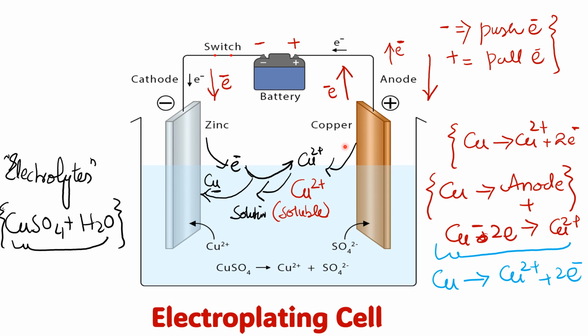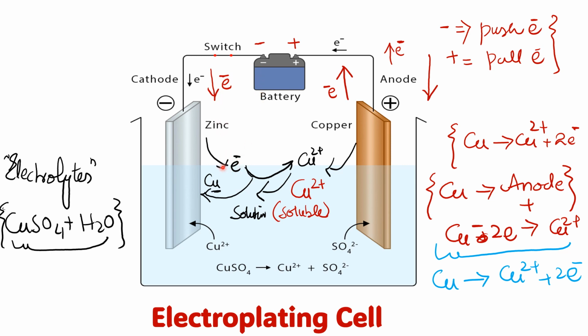It is a rule of electrochemistry that an atom in a neutral form will be a part of the metal, but when copper is converted into ions, they are easily soluble in the electrolytic solution. So the Cu2+ will be transferred from the copper plate in the form of ions into the electrolytic solution, whereas electrons are transferred into the solution through the zinc plate via the cathode, or the negative terminal of the battery.